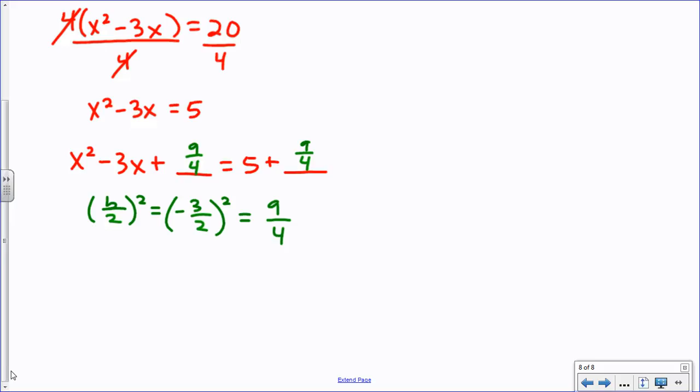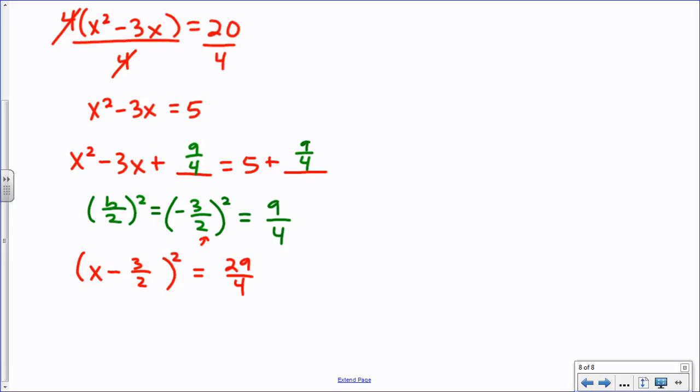Okay. Then I will factor. Remember this number here before you square it. It's negative, so x minus 3/2 equals, you have to do 5 plus 9/4, 29/4.